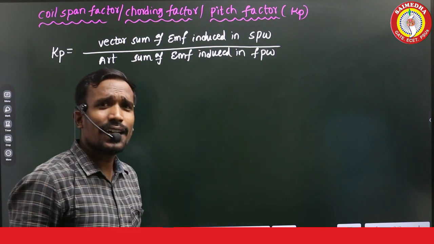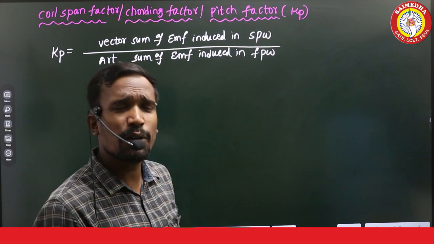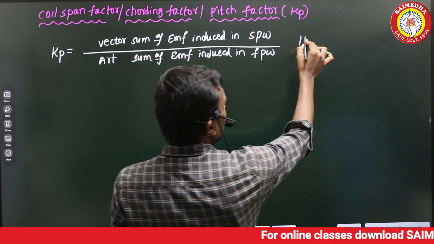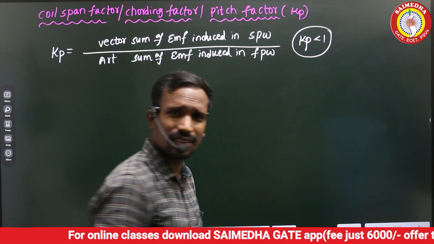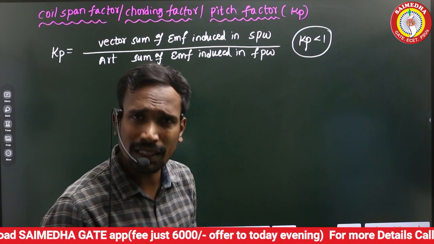Generally, the EMF induced in the full pitch winding is greater than the EMF induced in the short pitch winding. So for a short pitch winding, the pitch factor is always less than 1.